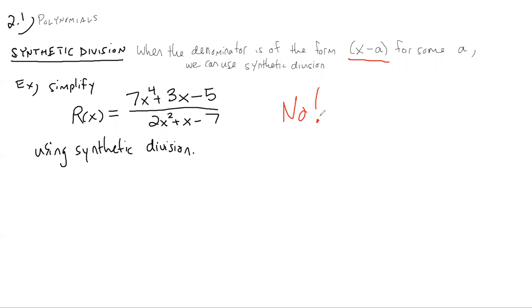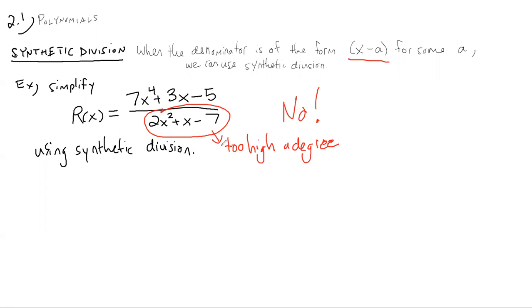The denominator is not only not of the form x minus a, but it cannot be written in that form. So this denominator is a quadratic. The degree of this polynomial is too big. Right? A linear function is a degree 1 polynomial.